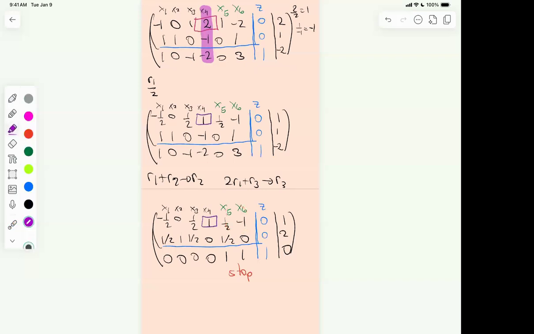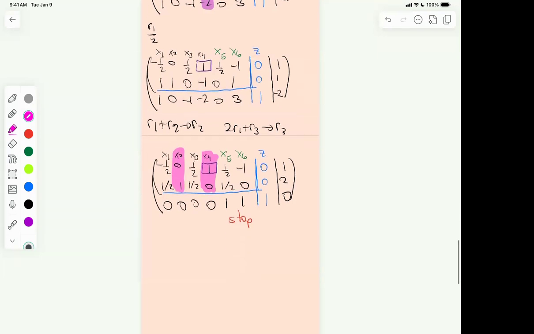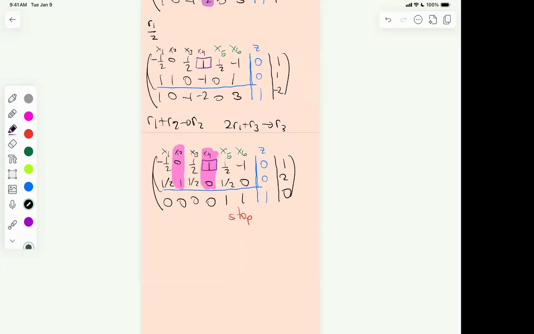What is my identity matrix now? The basic variables are always the ones with a one somewhere and zeros everywhere else. So now the basic variables are x2 and x4.